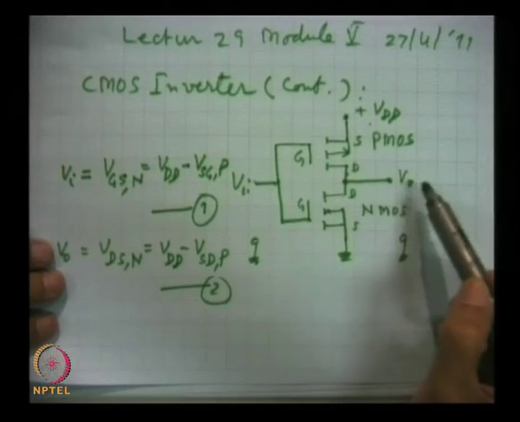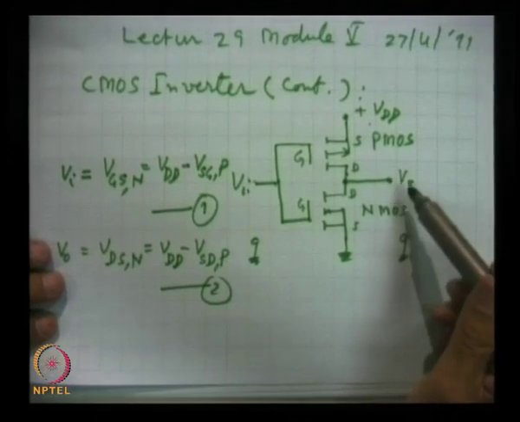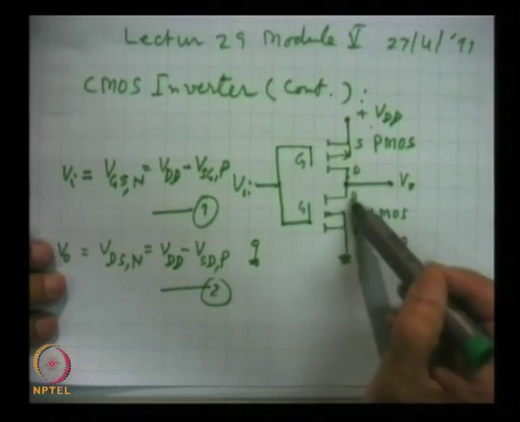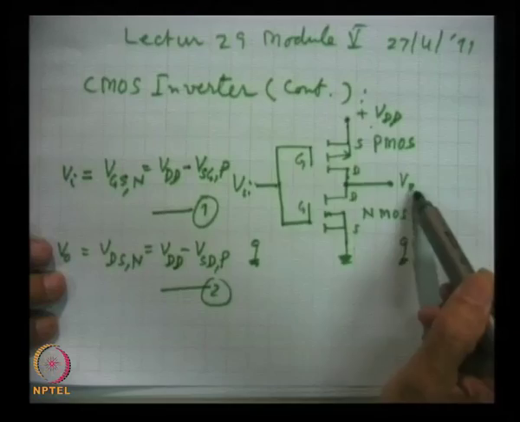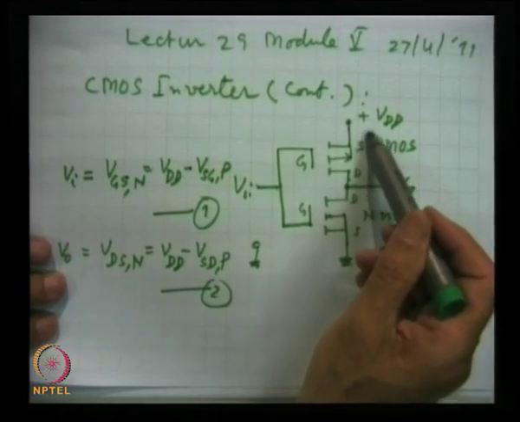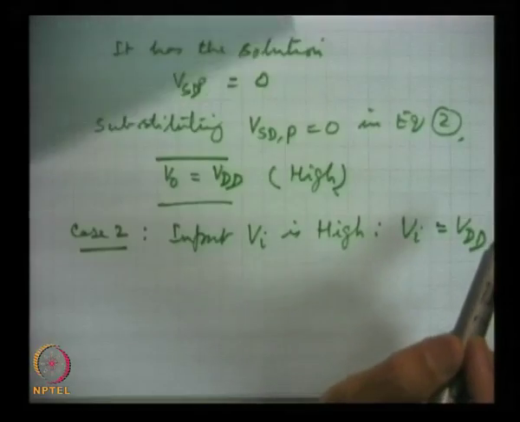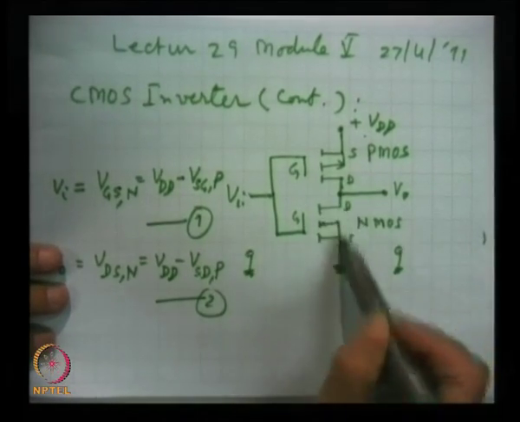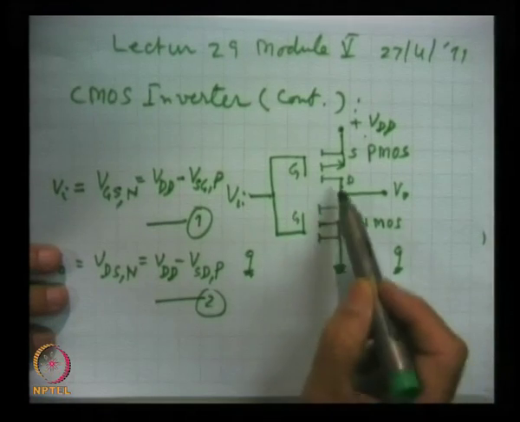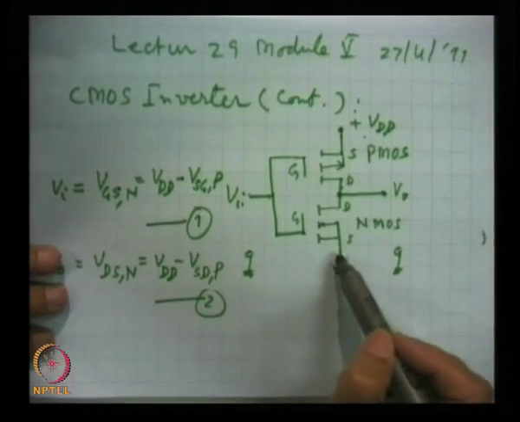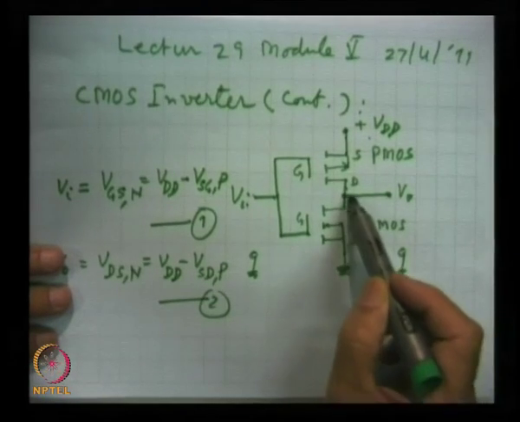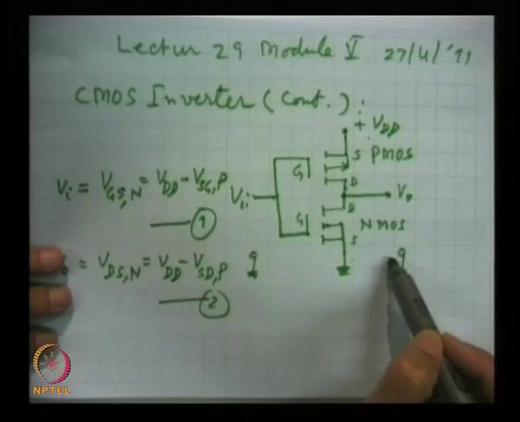So, what is the voltage which you expect at output, because this is conducting and this is off. So, obviously V0 has to be equal to VDD, and this is what we are getting. Similarly, in this case, when input is high, this will be conducting, and once this is conducting, very low impedance. So, this output will be very close to 0, and this is what we are going to have.